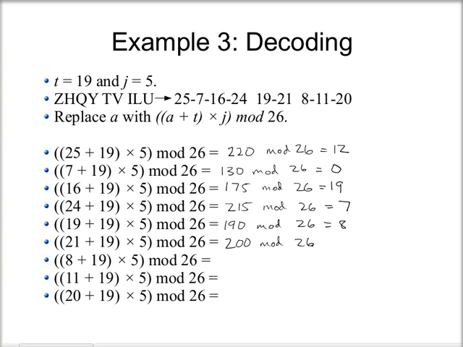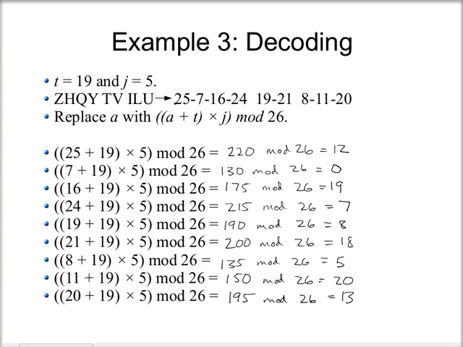Mod 26 is equal to 18. 8 plus 19 times 5 is 135. Mod 26 is equal to 5. 11 plus 19 times 5 is 150. Mod 26 is equal to 20. And finally, 20 plus 19 times 5 is 195. Mod 26 is equal to 13.